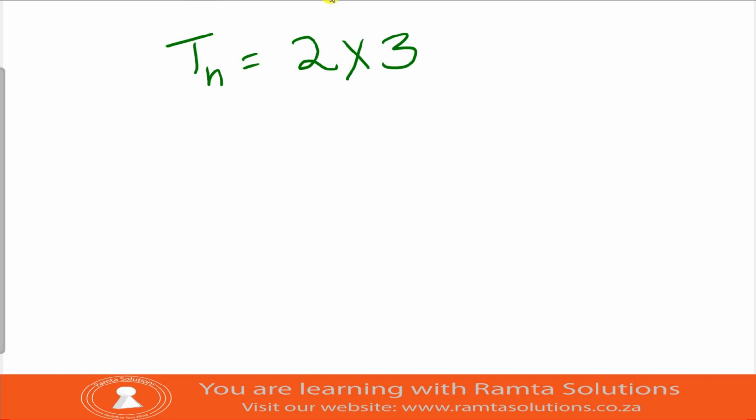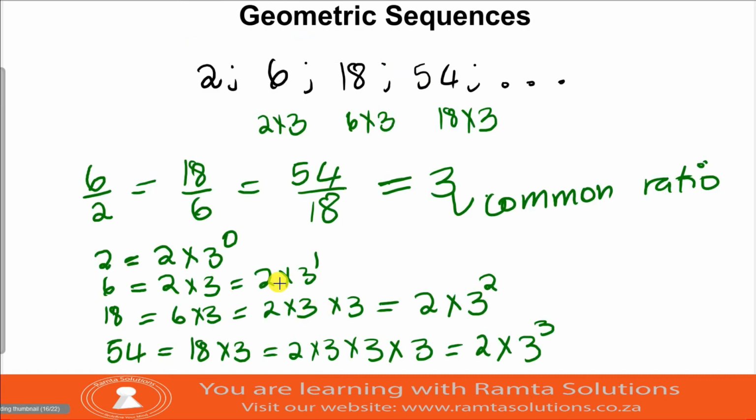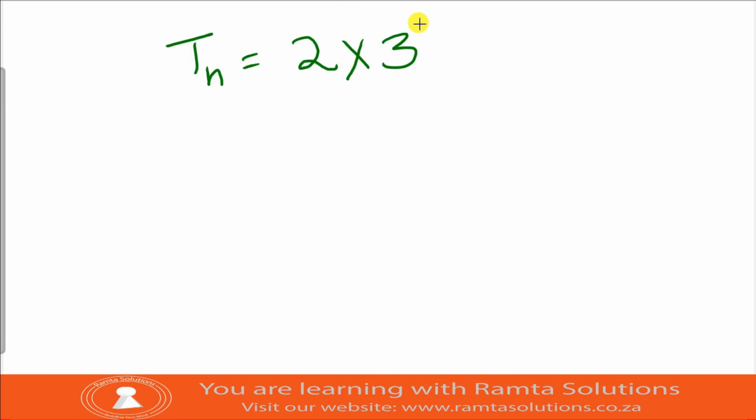What I see here, I saw that for the first term I had 0, and the first term is 1, so maybe I can say it's power n minus 1.